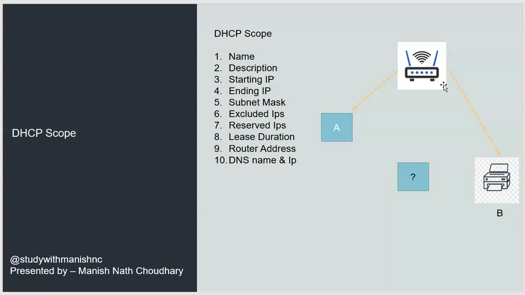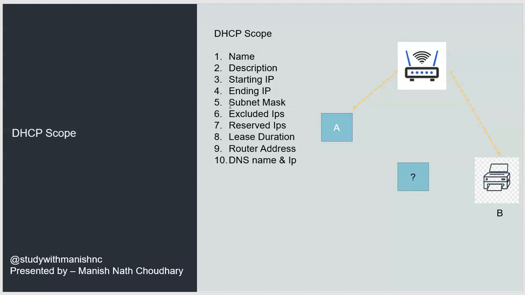Every DHCP server has a name and description, and a starting IP and ending IP, so every DHCP server works on a particular range. Subnet masking defines a network scope, and on that scope any device can work.